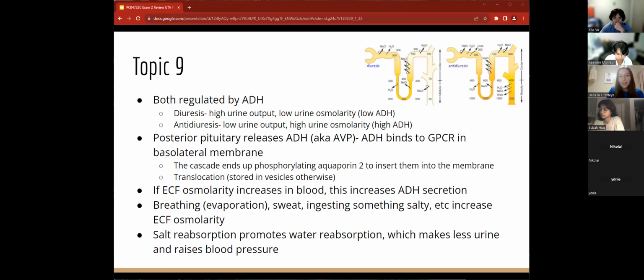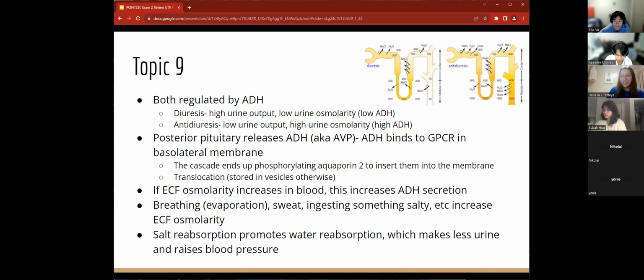There might be less dramatic differences throughout the descending limb, the loop, and the ascending limb as far as osmolarity differences. But the biggest thing that's going to change is the flow rate of water in the collecting duct. So if you're in diuresis and you have a really high urine output, you're not going to reabsorb as much water.